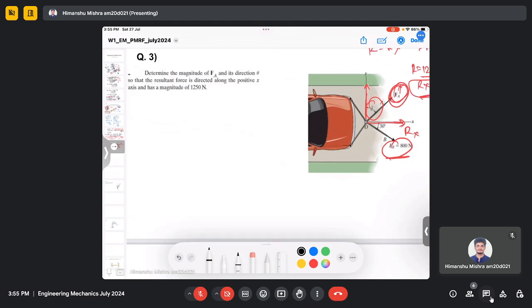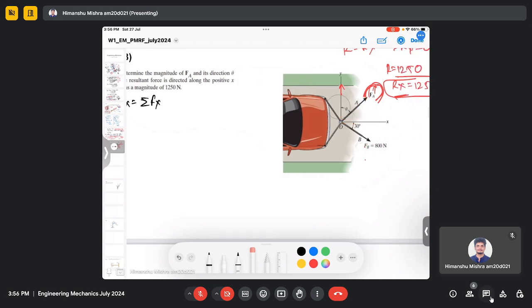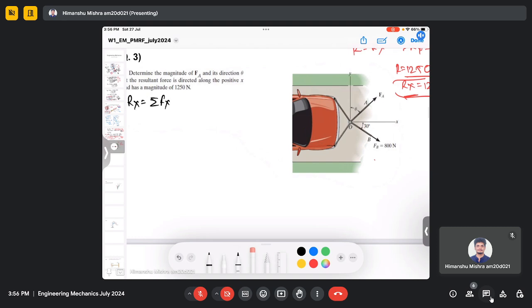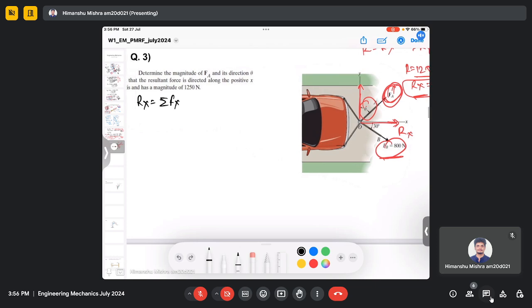So let's use the first equation, Rx equals summation of forces in the x direction. My Rx is 1250 equals Fa, and this is your theta.